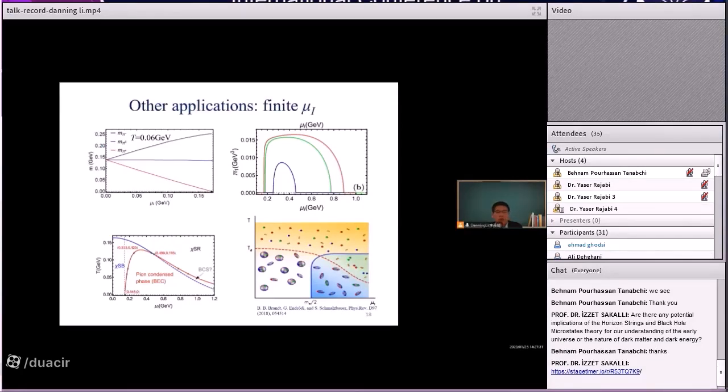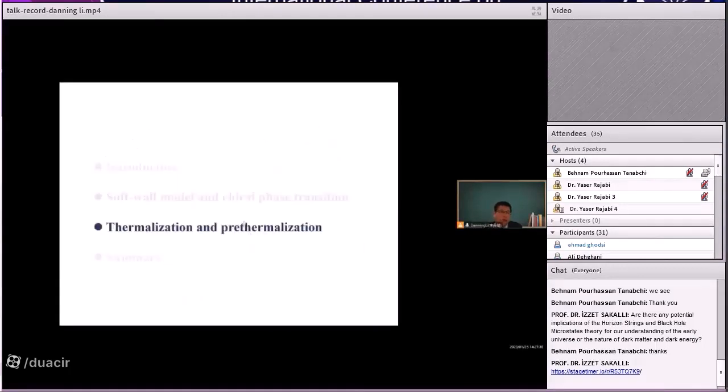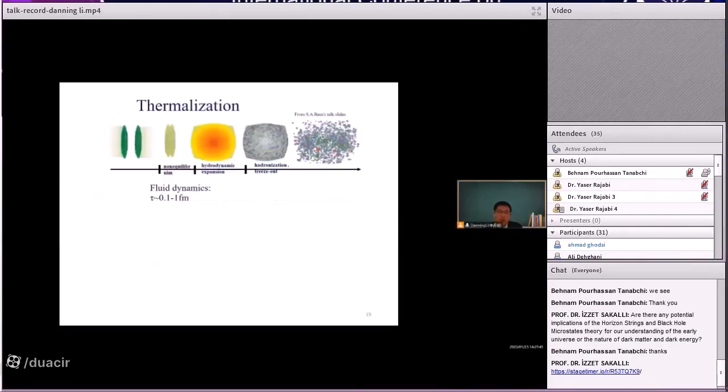So all this shows the consistency of the soft-wall model, and we want to study the real-time dynamics of the chiral phase transition, especially for the chiral condensate.